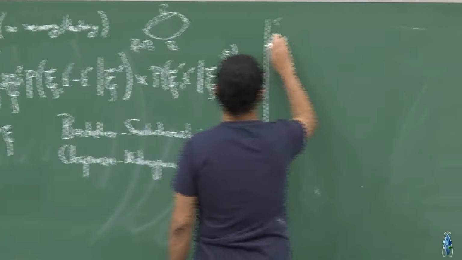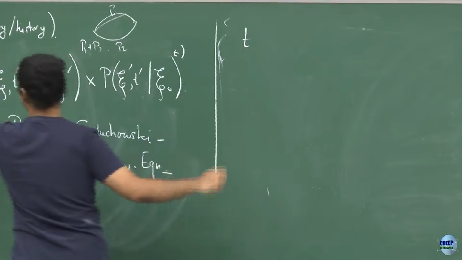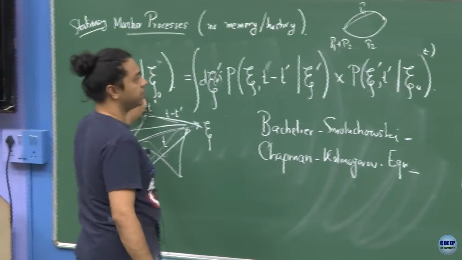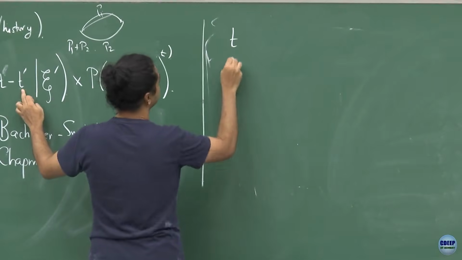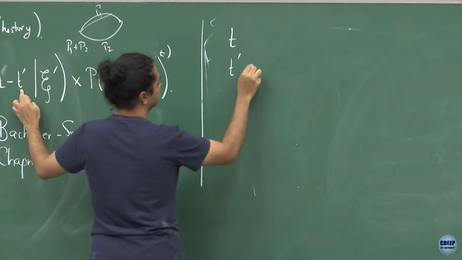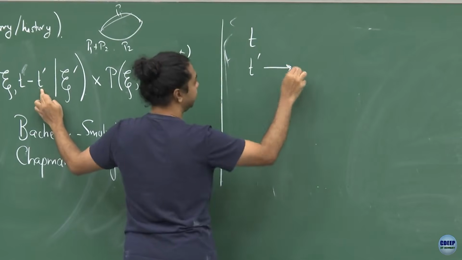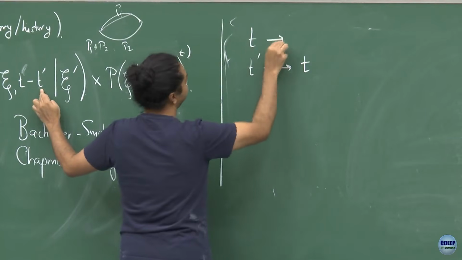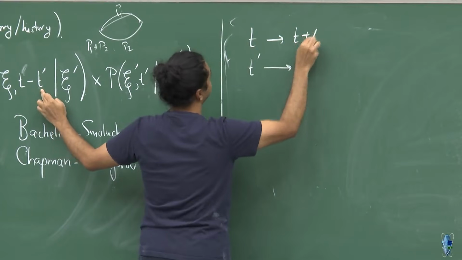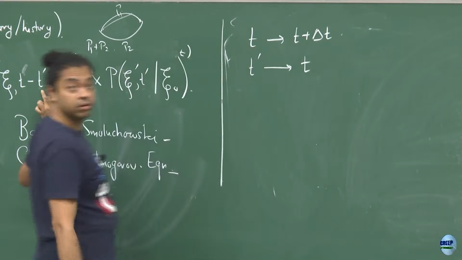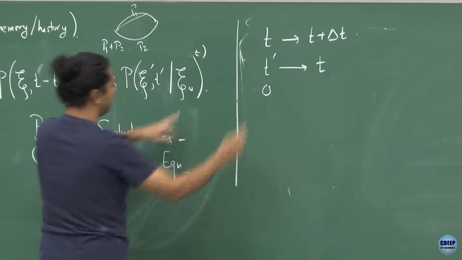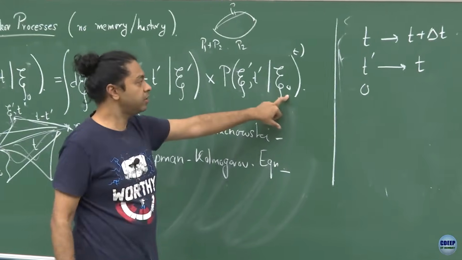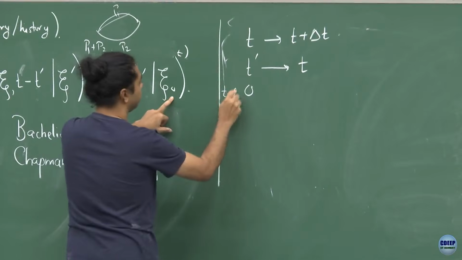So, now I make this assumption that this t that I have over here, xi of t, so I have two things, t and t prime, let me very badly call t prime as t and t as t plus delta t. So, I started out, remember, at xi naught at time t equal to 0.